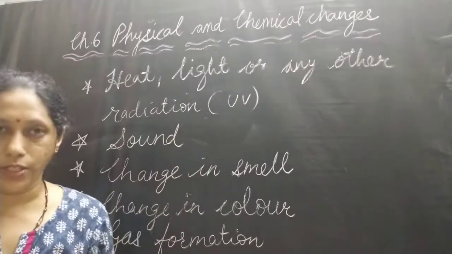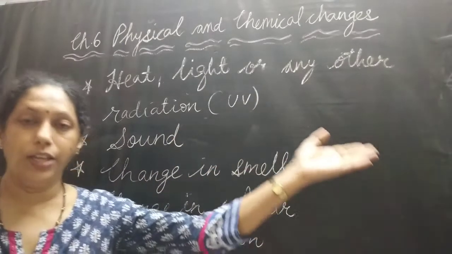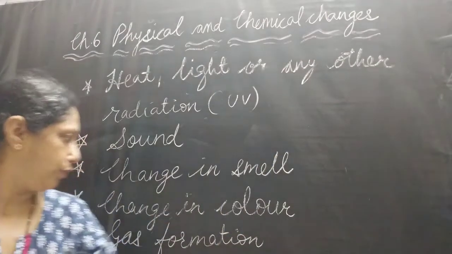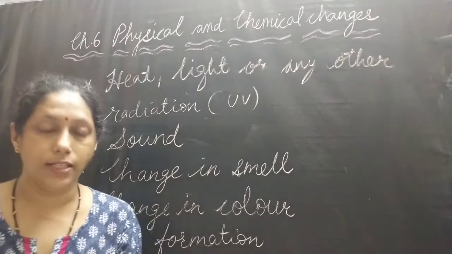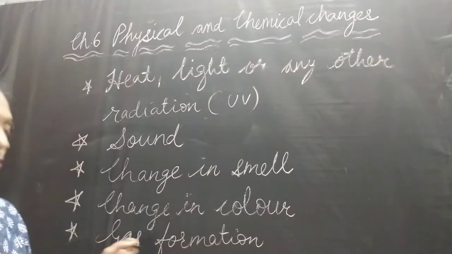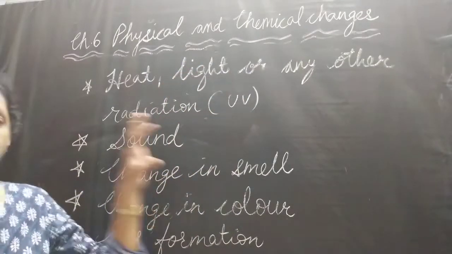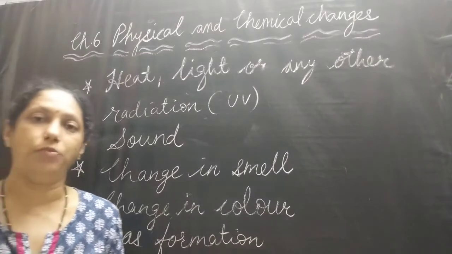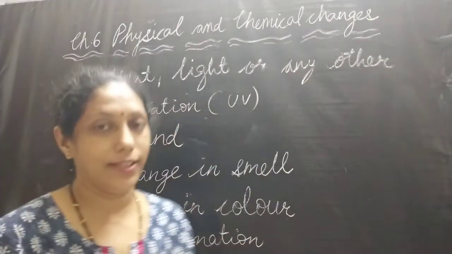Sound may be produced. A change in smell may take place, a new smell may be given off. A change in color may take place, and gas formation may be there. These are the changes which may occur because of a chemical reaction, and we will see examples based on these in the next class.